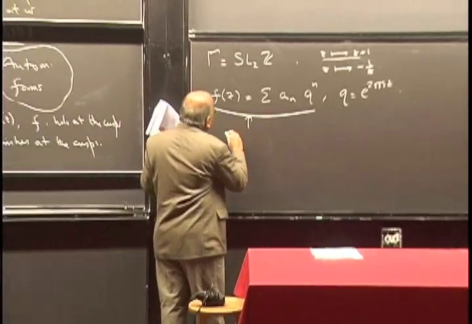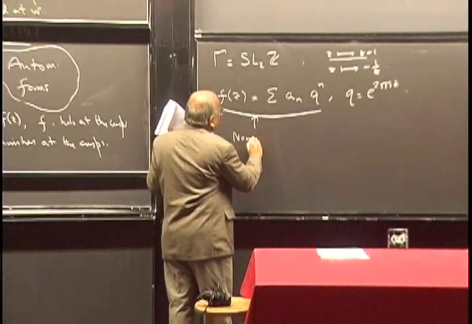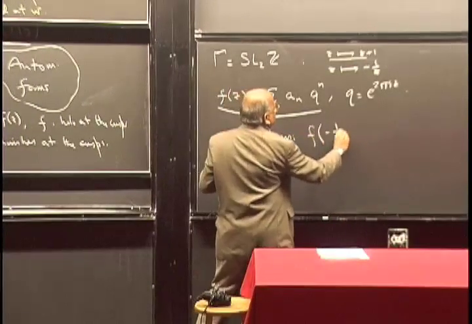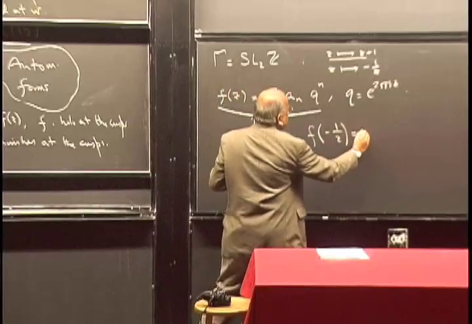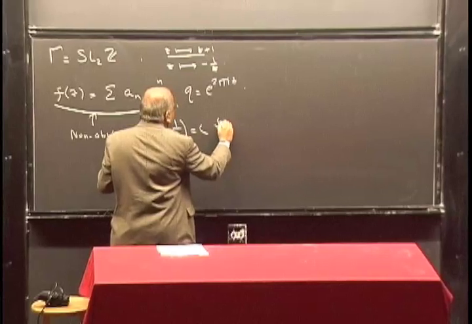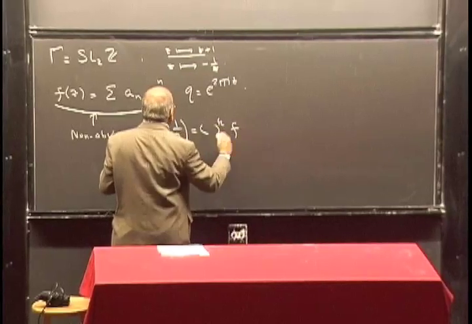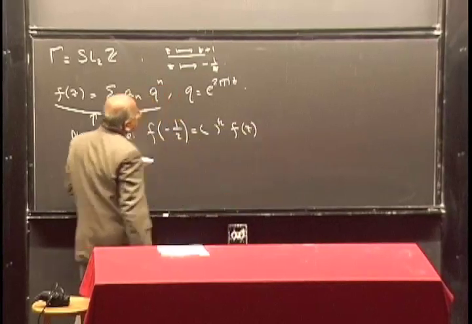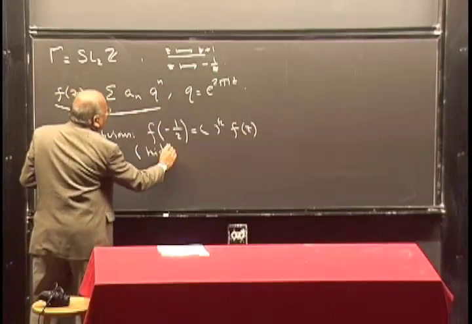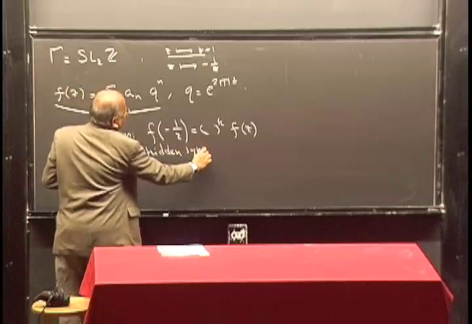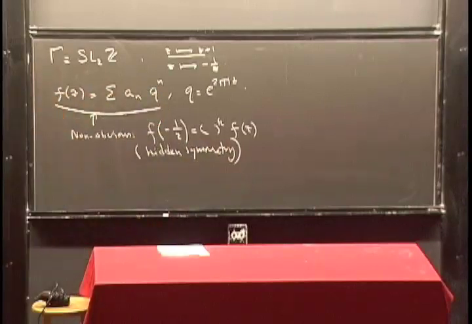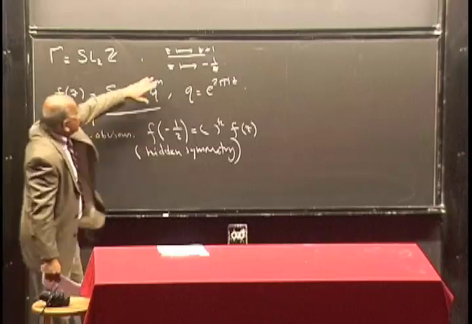And then the non-obvious thing is that f of minus 1 over z is this times f of z. So this is what I call hidden symmetry. When you have such a q-expansion, the first one is easy, but the second one is not.